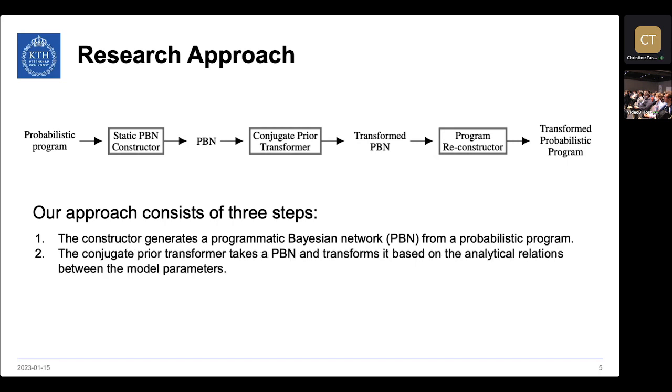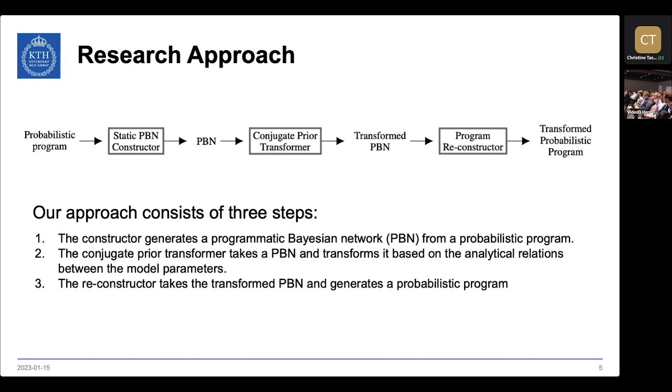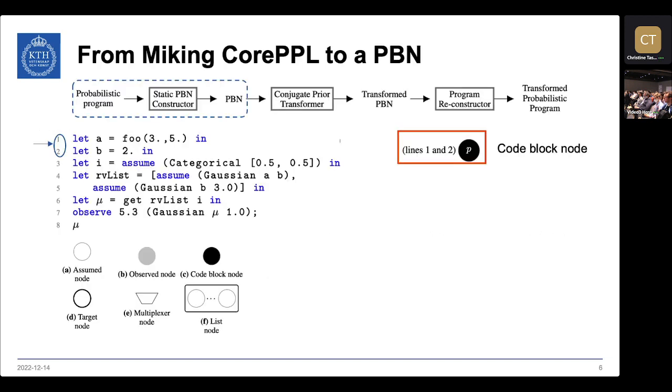After generating it, the transformer takes this graph and transforms it into a more efficient form using conjugate prior relations between the random variables. After that, we reconstruct the probabilistic program from the optimized PBN.